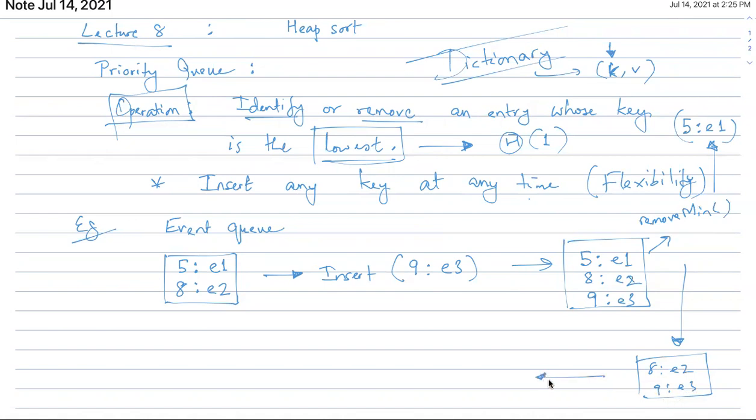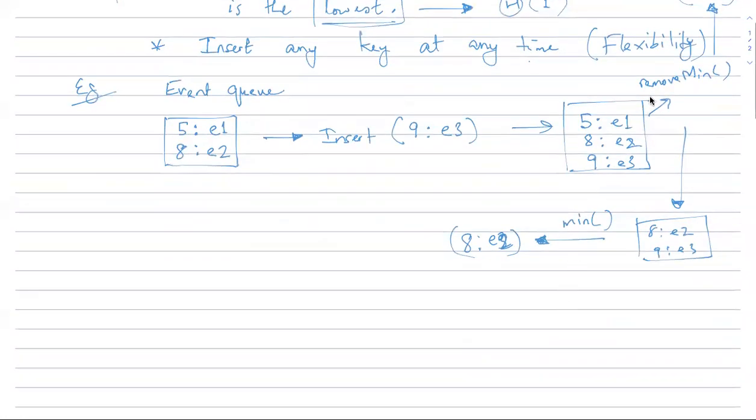And at this point, one may just simply want to not remove min, but just ask for what is the minimum value. And it will give us 8 colon E2. So in other words, we are focused on these two operations, remove min and min, as far as the priority queue is concerned.